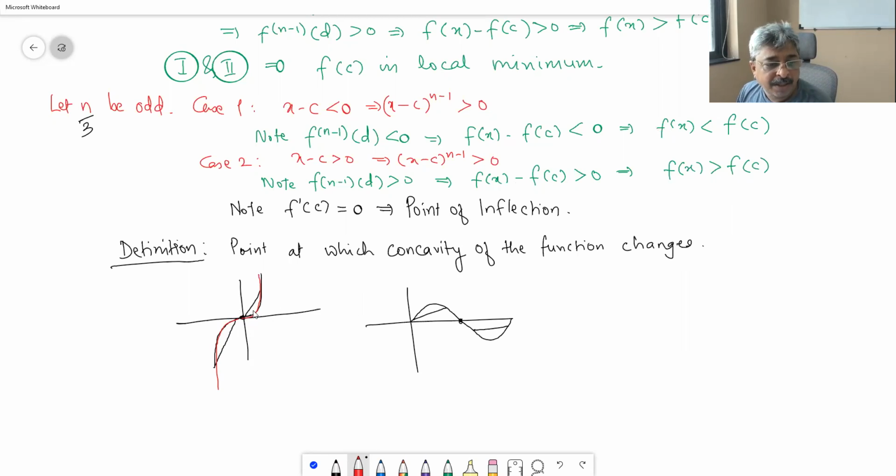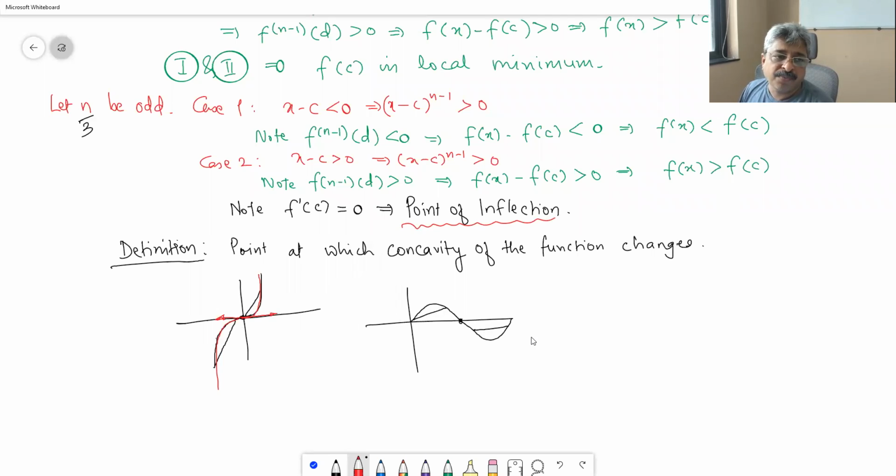That is what is happening, and at c the slope of the tangent is 0. Geometrically this particular point is a point of inflection. Chord below curve, chord above.